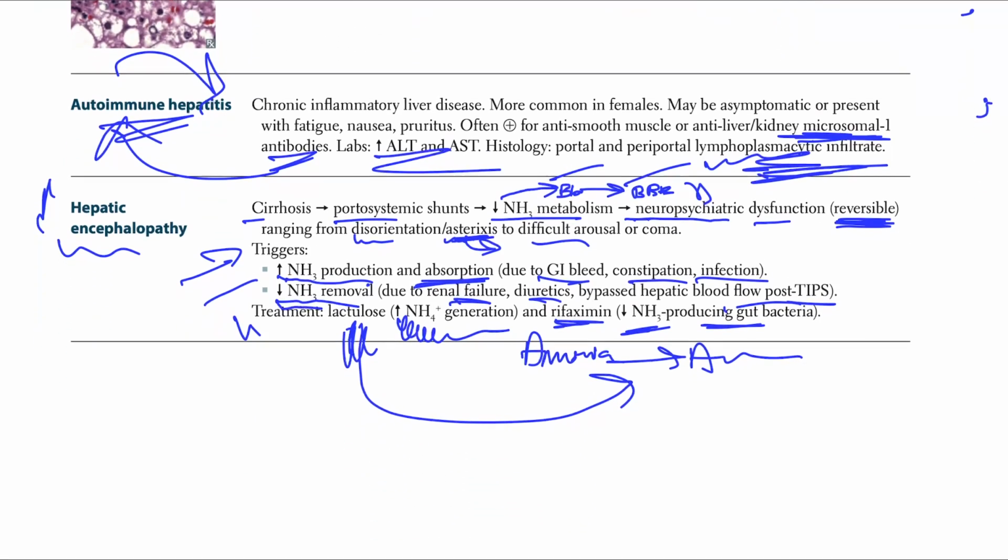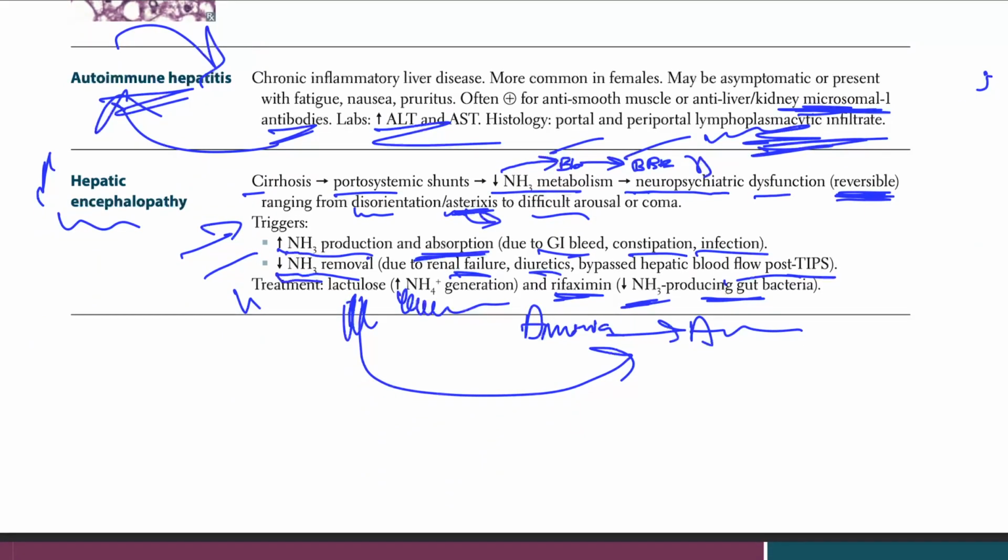So normally, let me actually do that here. Normally you have some nitrogen products in the gut, which are going to get converted into ammonia by your gut bacteria.